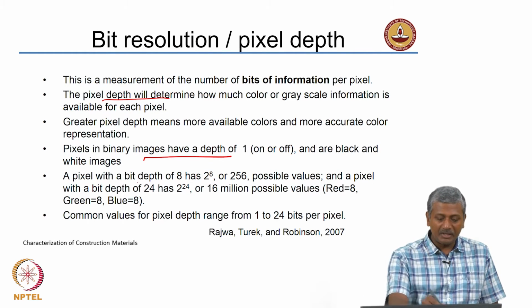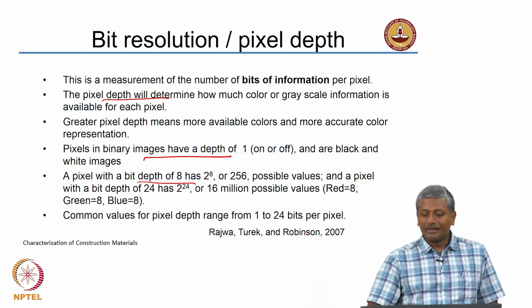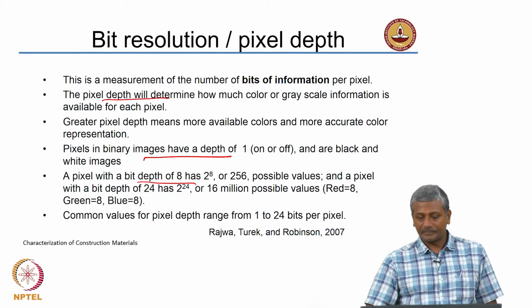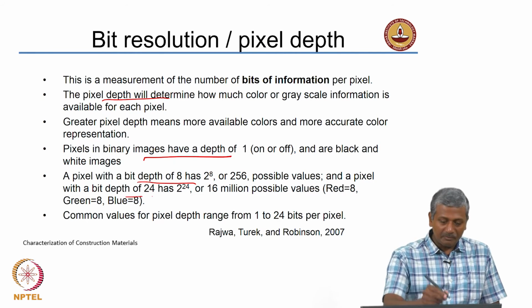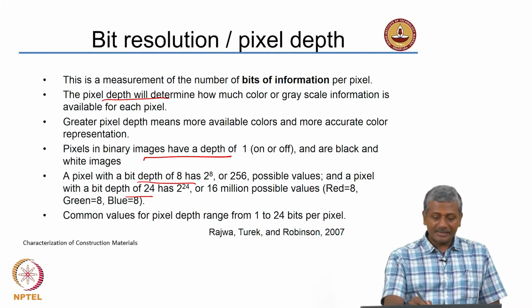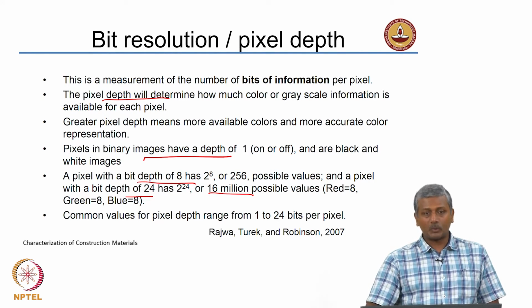So, a pixel with a bit depth of 8 has 2 to the power 8, or 256, possible values. That is what defines your grayscale images, which have 256 values from 0 to 255. But a pixel with a depth of 24 has 2 to the power 24, or 16 million values.